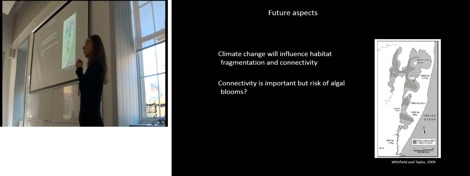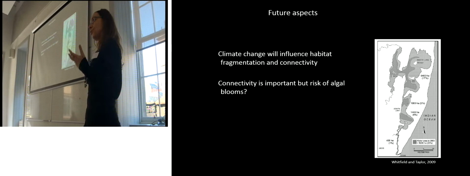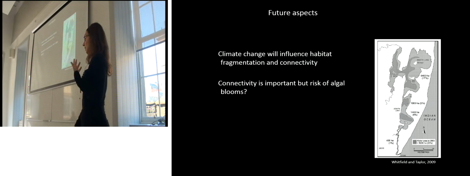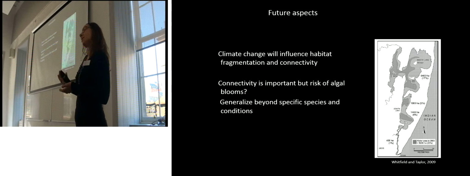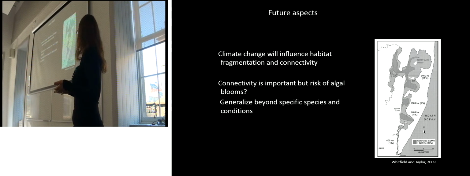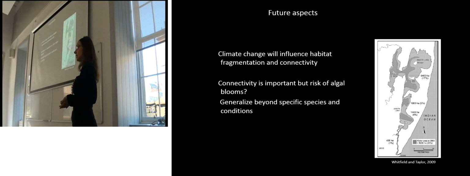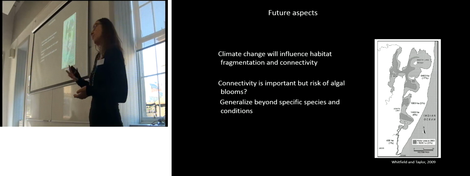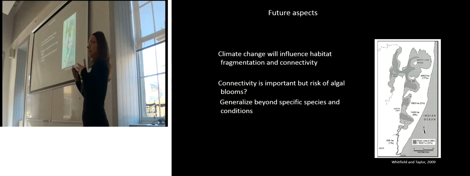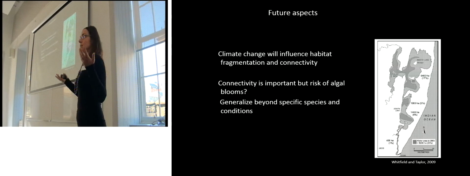But this dominance of really one species, is it a risk of eutrophication phenomena, of algal blooms? So we really want to check this and try to generalize our findings beyond specific species and specific conditions in order to give a solid case for coastal management.